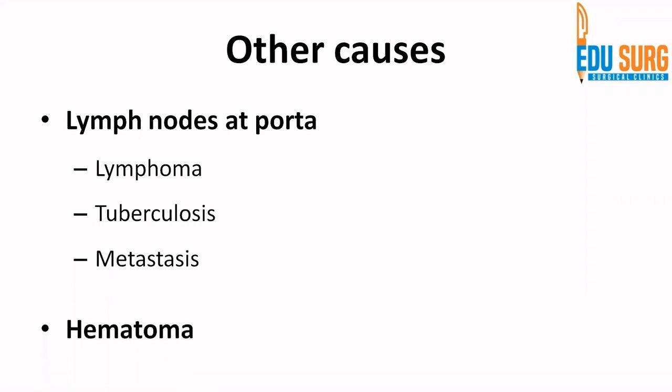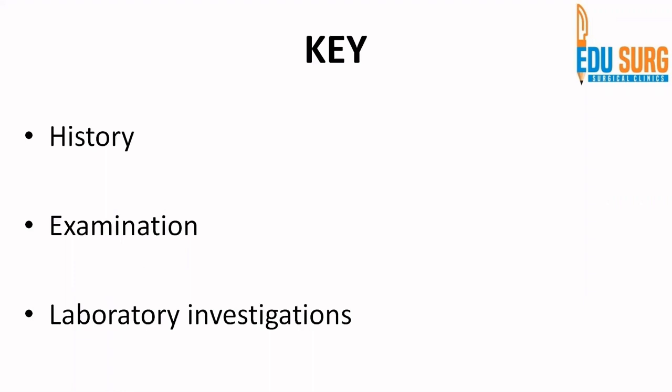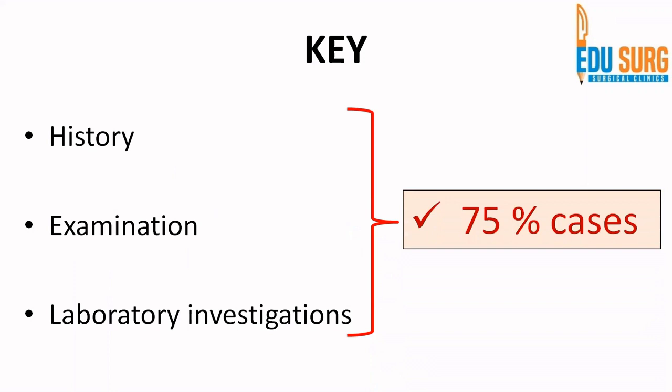So the key to your entire obstructive jaundice case is that history, examination, and the support of laboratory investigation can give you, or at least give a strong hint toward, the diagnosis in 75% of cases. And this is a line from a very reputed book, so it is not personal experience.